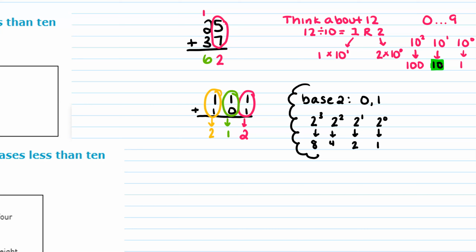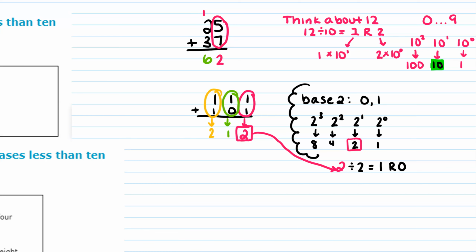So let's think about the number 2. It is exactly equal to 2 to the first power, right? So we're thinking 2 divided by 2 equals 1 with a remainder of 0.